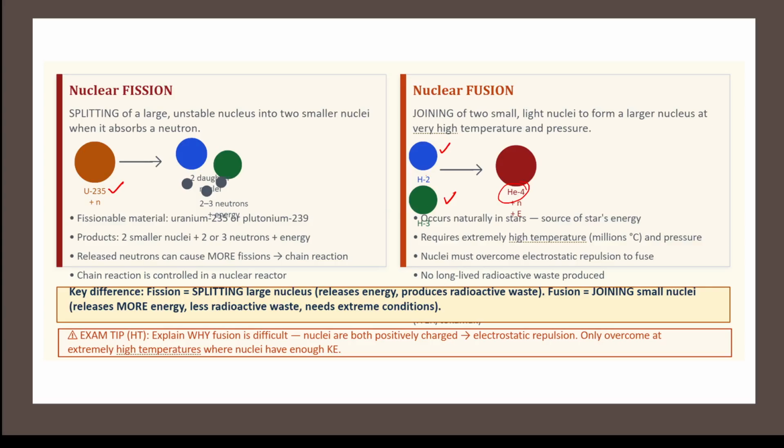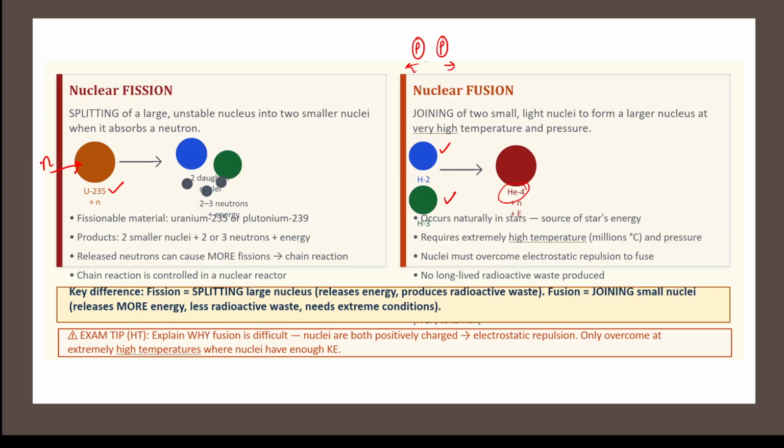Now, the cause of nuclear fission is a neutron hitting a heavy unstable nucleus. Fusion requires a higher temperature because these nuclei are made up of protons, and if you want two protons to combine, they are positively charged, so they are going to repel each other.